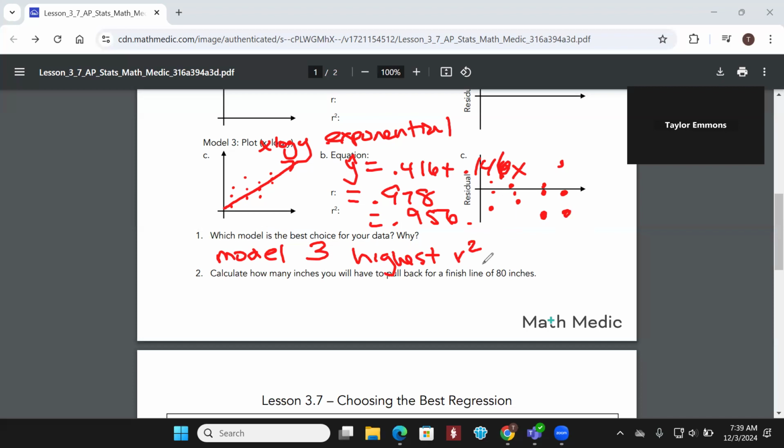Why does that matter? How much of the y value, this one variable, can you explain? It's the closest to 1. But why does r squared matter?